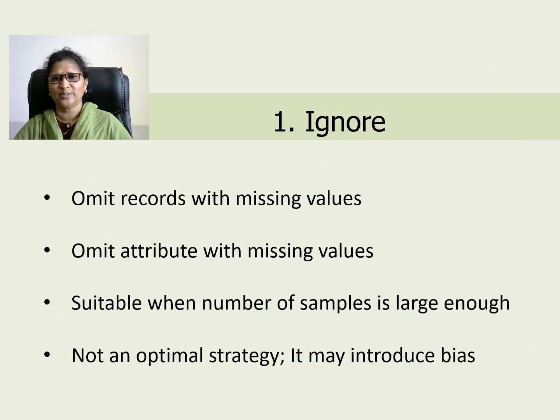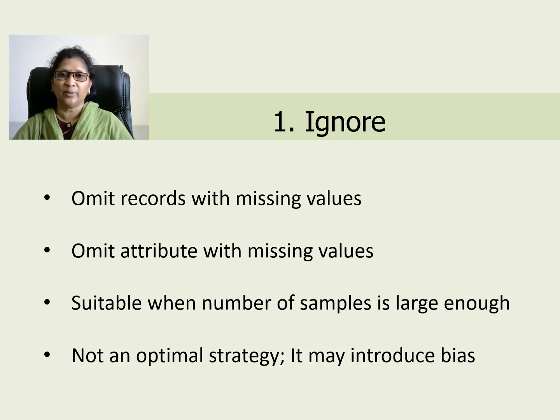One of the most common approaches followed for handling missing data is simply omitting them. Simply omit the cases where missing data is noticed. So when you omit it, we either omit a whole record which has missing values, or a complete attribute which has maximum missing values is omitted.